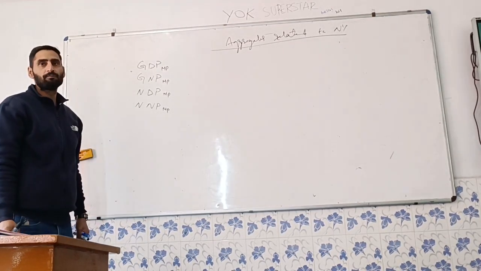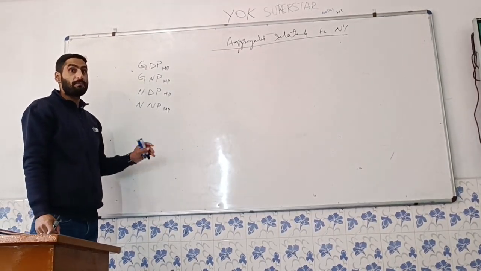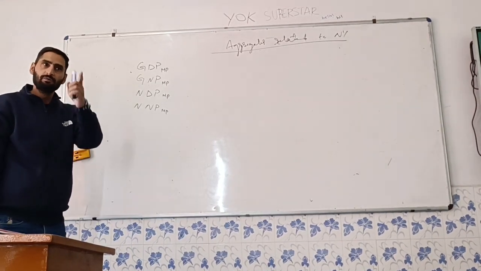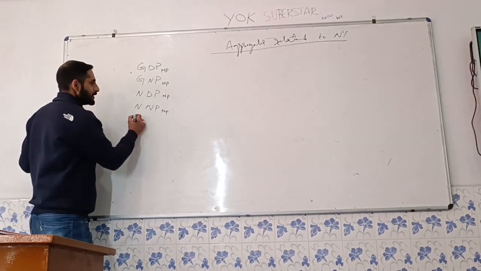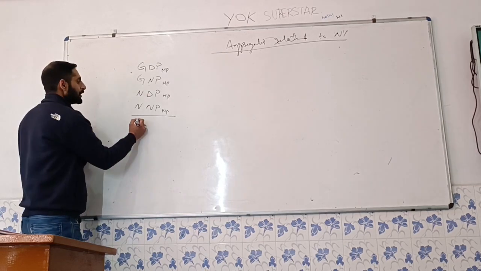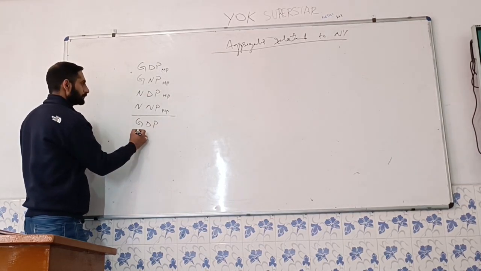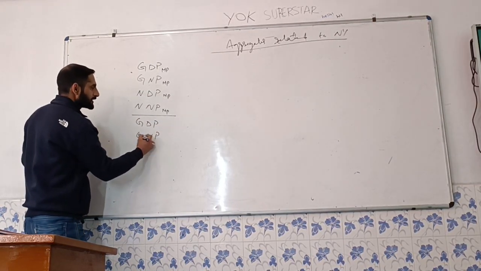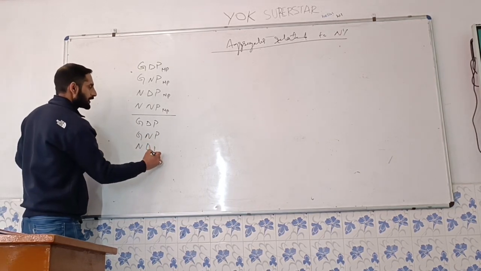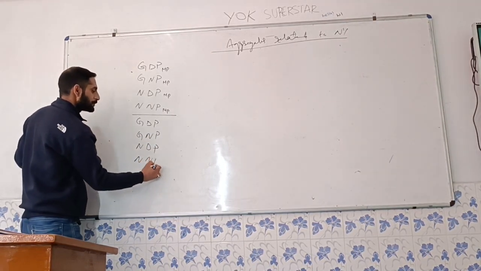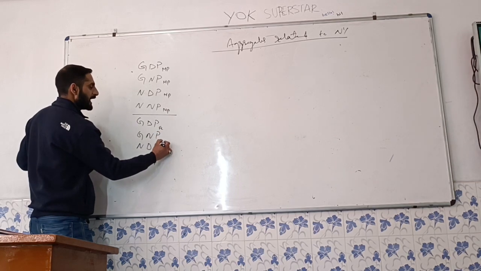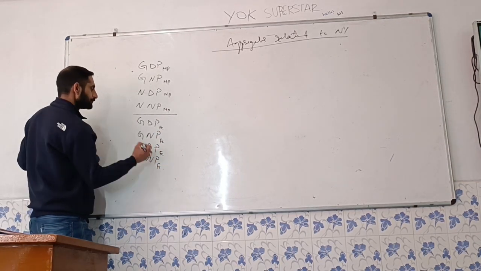From these 4, when we repeat these 4 but at the factor cost, we will have our 8 aggregates. So I line it down like gross domestic product, gross national product, net domestic product and net national product. These 4 will be at factor cost.